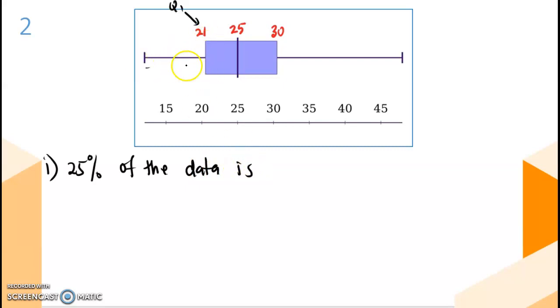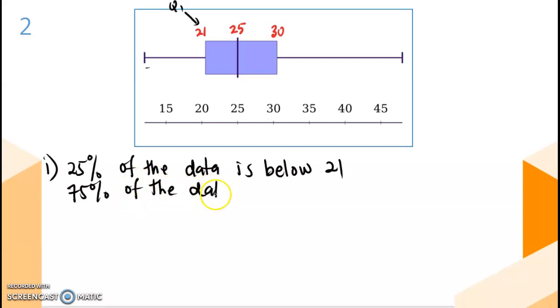So start from here until here. So means below 21. Or otherwise, we can use 75% of the data is greater than 21.